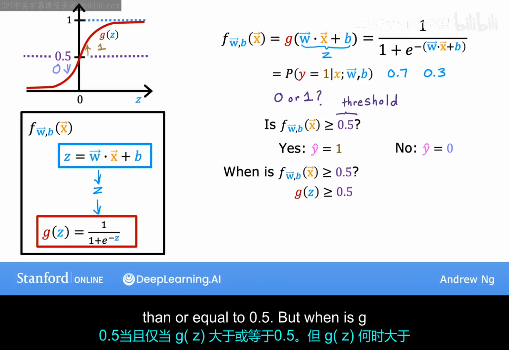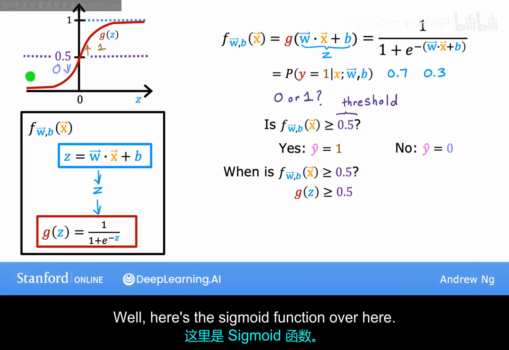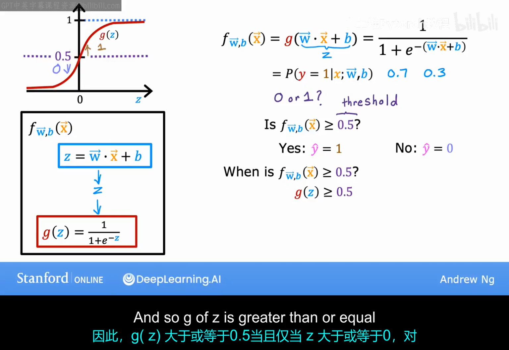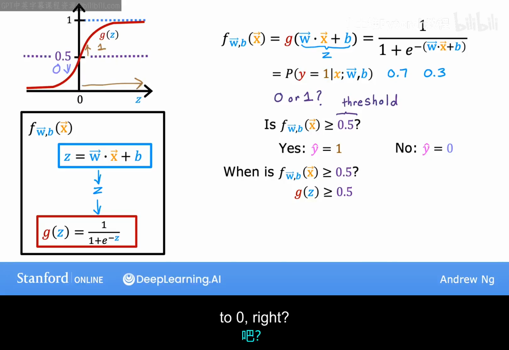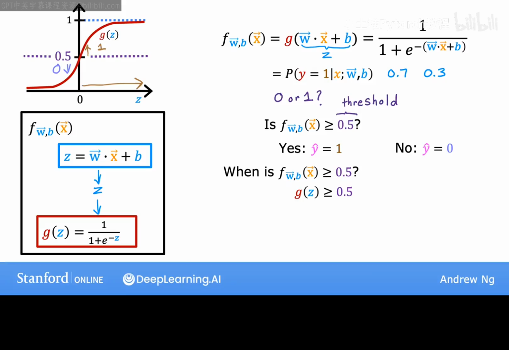But when is g of z greater than or equal to 0.5? Well, here's the sigmoid function over here, and so g of z is greater than or equal to 0.5 whenever z is greater than or equal to 0, right? That is, whenever z is on the right half of this axis.